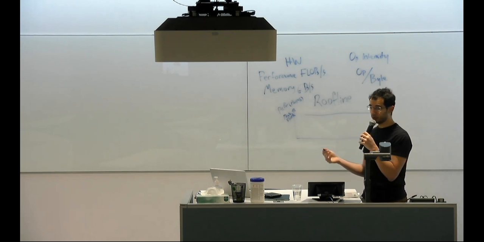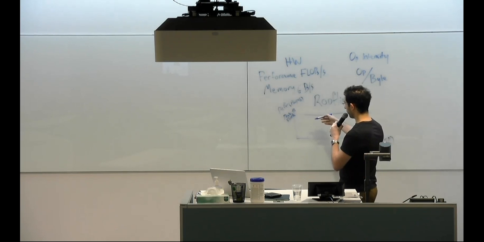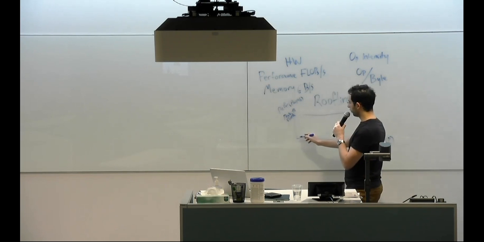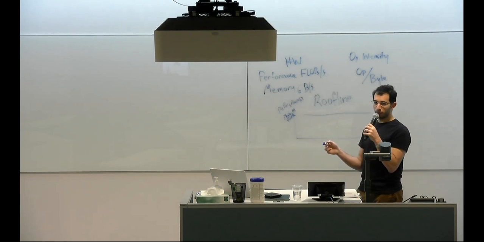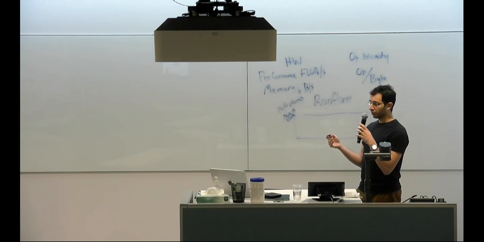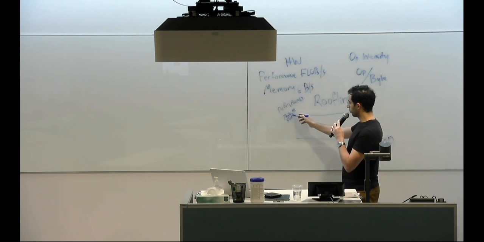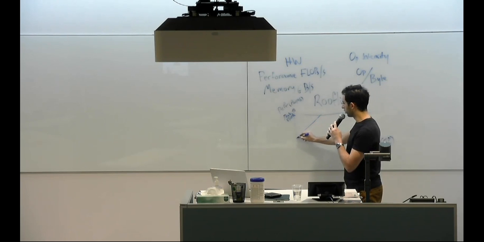But the main thing to take into account is that we can't hit that peak performance or even come close to it when my operational intensity is very low, because I will always have the bottleneck of external memory bandwidth. So no matter how much compute I have on the chip, I will always have this bottleneck of I just need to bring data from off chip to on chip.